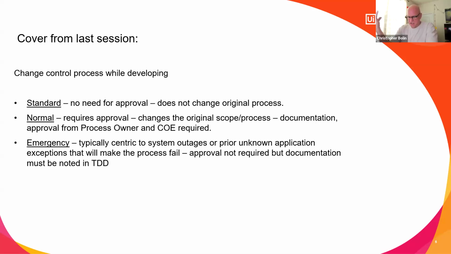So a standard change is a change that doesn't alter your process design document. And typically when we talk about change in a SDLC, software development lifecycle, we talk about when that process design document is signed off. In the period from sign off to when you start developing, you can change that process design document.